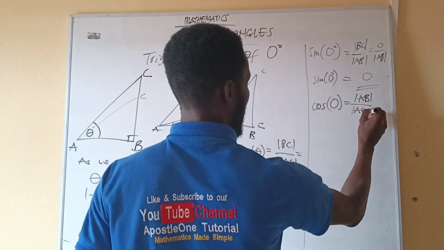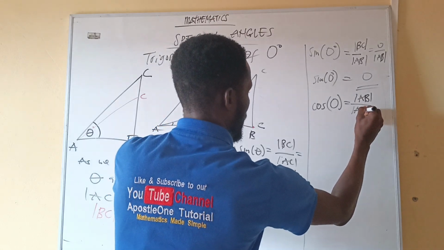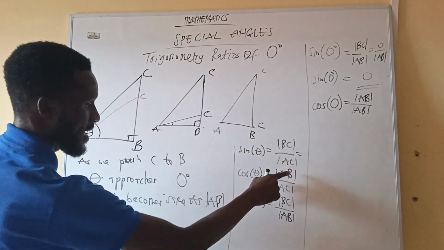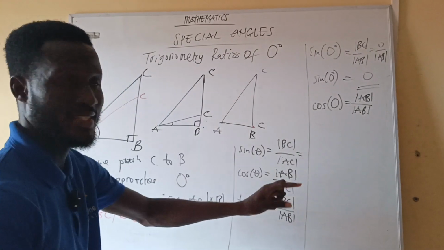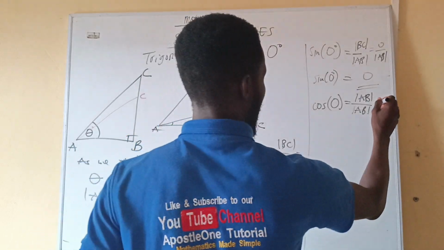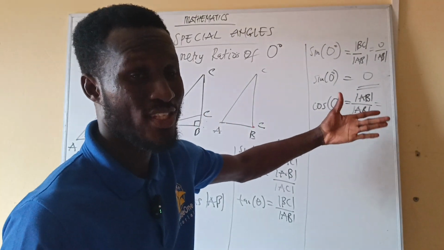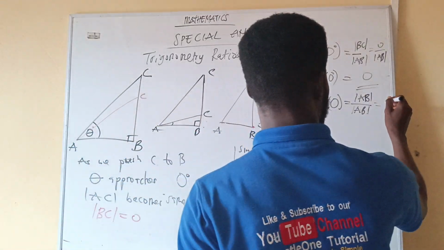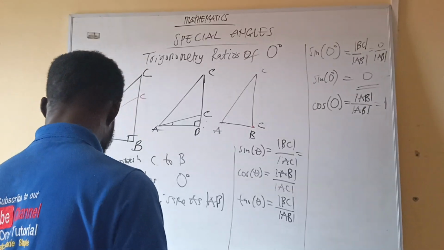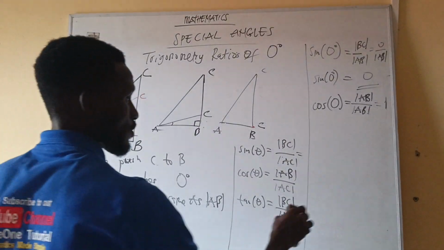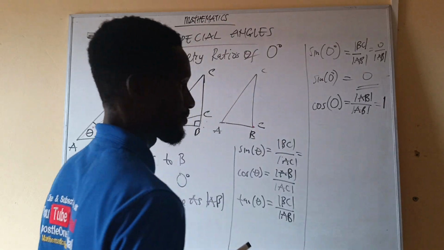So what are you going to get here? AB divided by AB, we are going to get 1 over 1. And 1 over 1 is 1. So anytime we have cos 0, it is equal to 1.